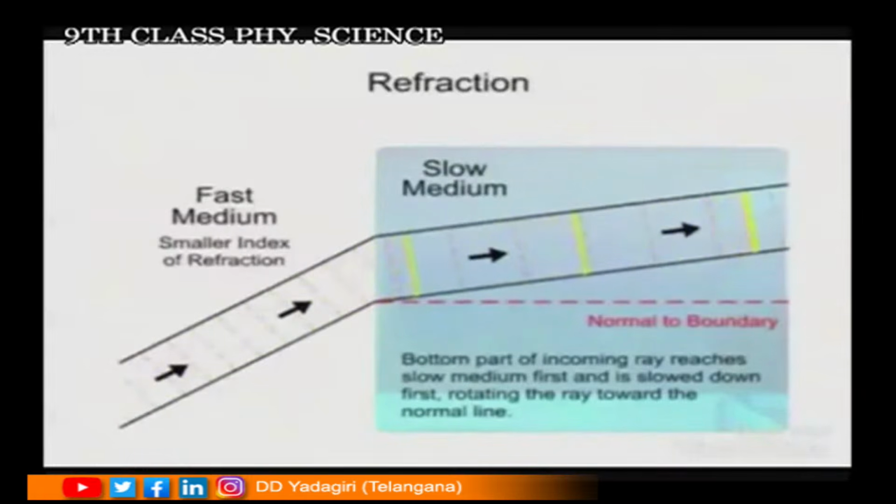Later the top part of the light ray meets the interface and it also slows down, and this continues, and in the slower medium, that is the denser medium, the light ray travels with less speed and in a bent direction, bent towards the normal. Children, now is it clear why a light ray is bent at the interface of two media?